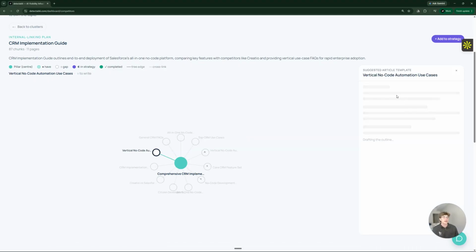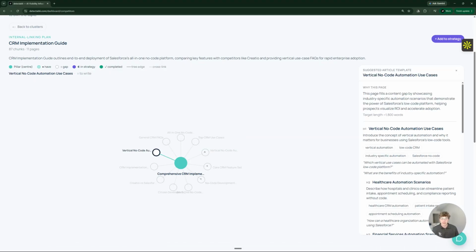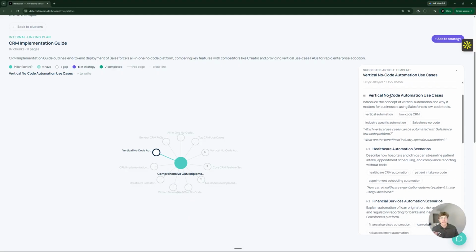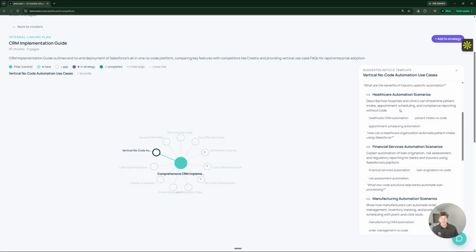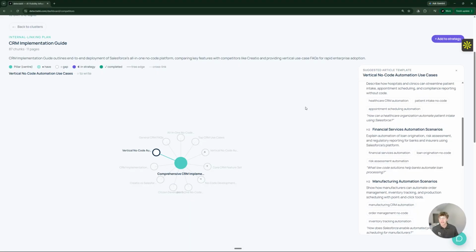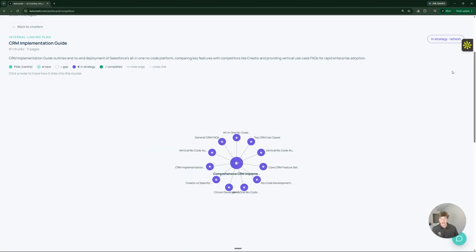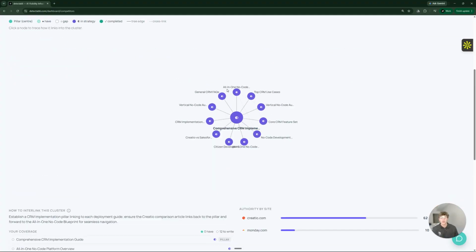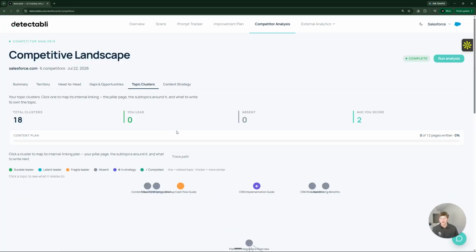What we then do is build suggested article templates and tell you exactly what type of content you can be writing and how you can be writing it. You can then add this to your content tracking strategy, or you can add it to your content strategy, which we'll get into in a second.